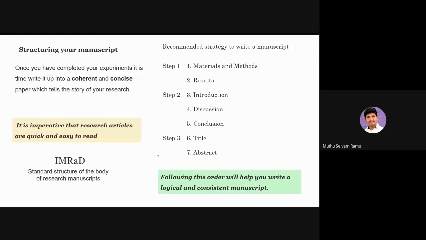So in the second step, you have to start with introduction. This introduction and discussion are more or less similar. The introduction gives a glance about the need for a work, and the discussion discusses more about what we infer from the result.